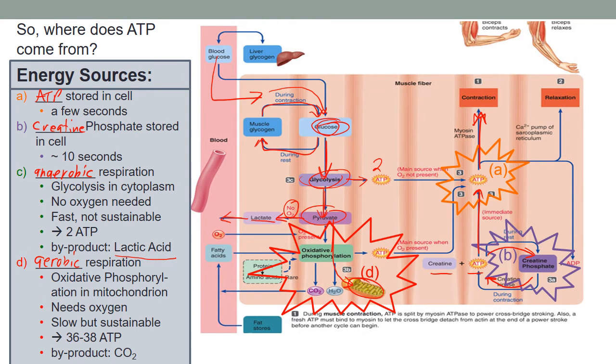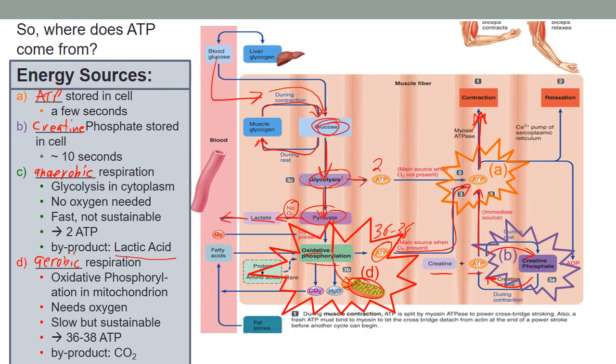And in the mitochondrion, you do something called oxidative phosphorylation, which produces something like 36 to 38 ATP. Okay, so now we can push a huge amount of ATP into that ATP storage in the middle of the cell, and that can power lots and lots of muscle contraction.